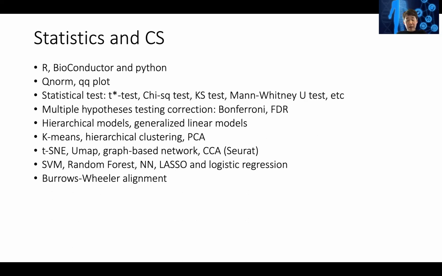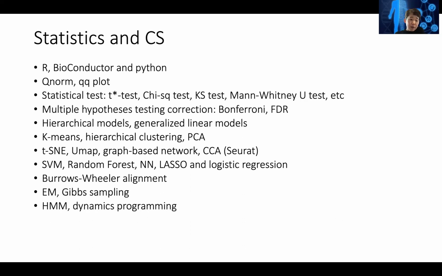For sequence analysis for alignment, we talk about Burrows-Wheeler alignment and also suffix array approaches for doing alignment. In motif analysis, we talk about expectation maximization and Gibbs sampler, and you can see how they kind of enrich on the different sequence patterns.